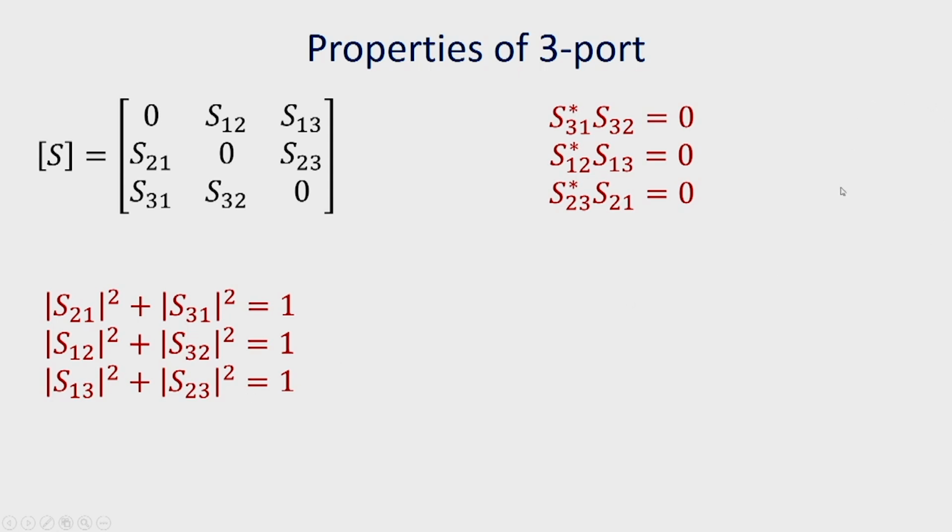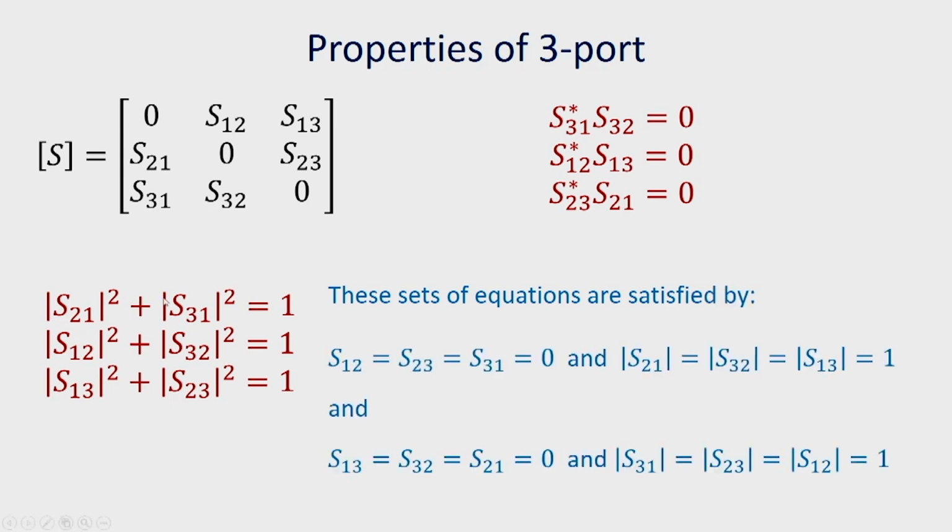Now, this set of conditions can be satisfied if we consider S12, S23, S31 equal to 0 and mod of S21 equal to mod of S32 equal to mod of S13 equal to 1. You can see that if we put S12 equal to 0, then mod S32 becomes 1.